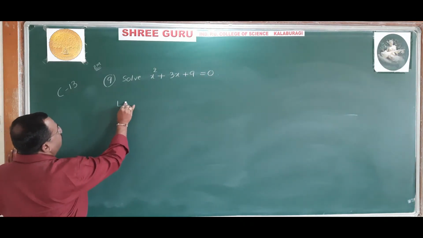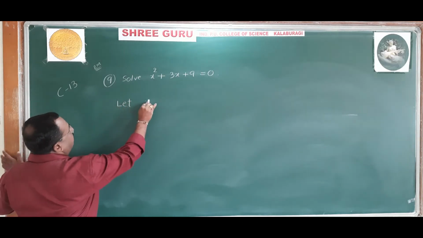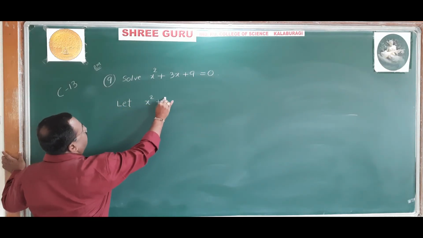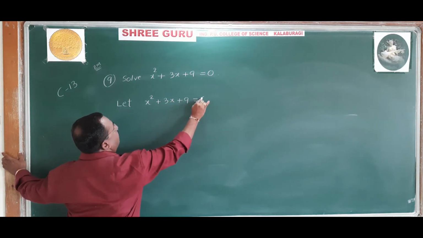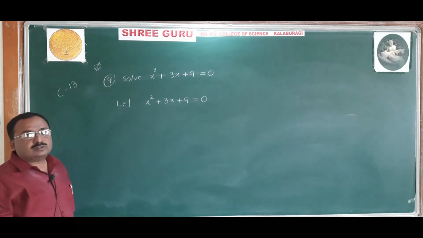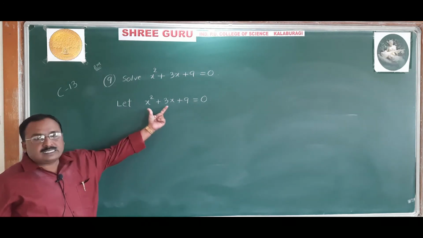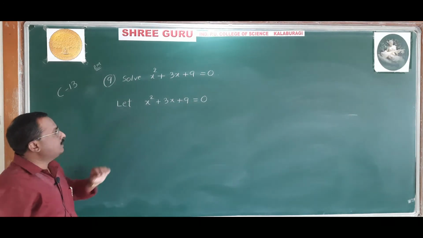Let here x square plus 3x plus 9, this is a quadratic equation of degree 2, so it has 2 roots. This is non-factorizable form, so we use the formula.